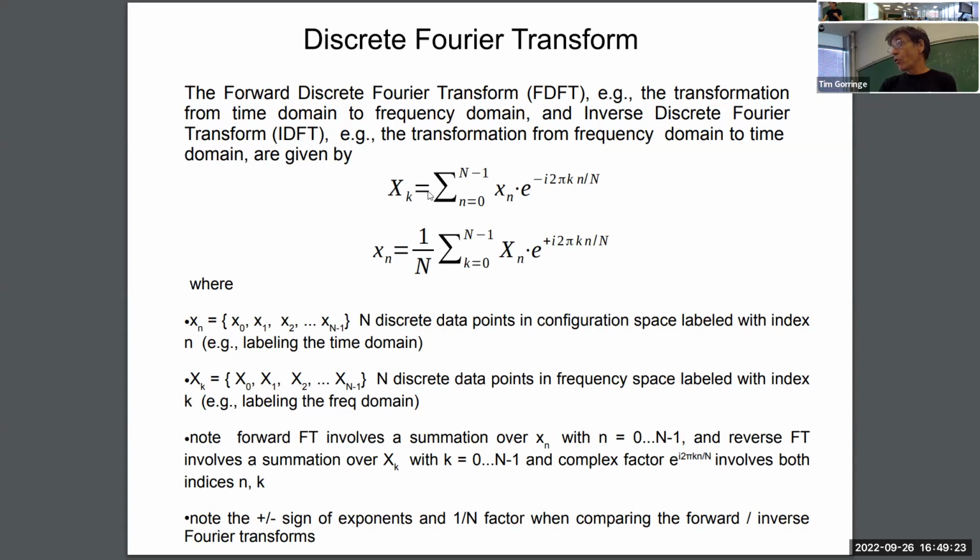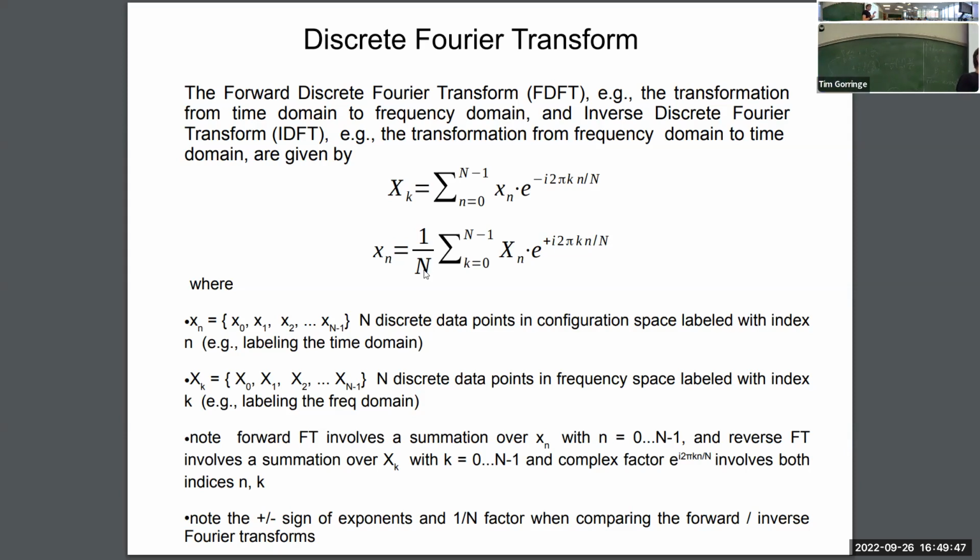In the forward direction, I have no 1 over n factor here. This uppercase N is a number of data points. In the inverse direction, I have a 1 over n factor here. So you need that normalization factor of 1 over n overall.